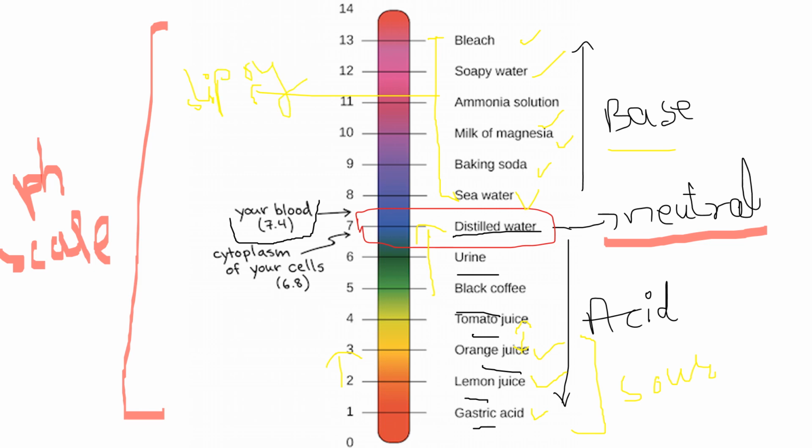The most slippery one is bleach, then soap, then ammonia solution, milk of magnesia, baking soda. All these are slippery. That's why they are called bases. This is how you can identify the acids and the bases.